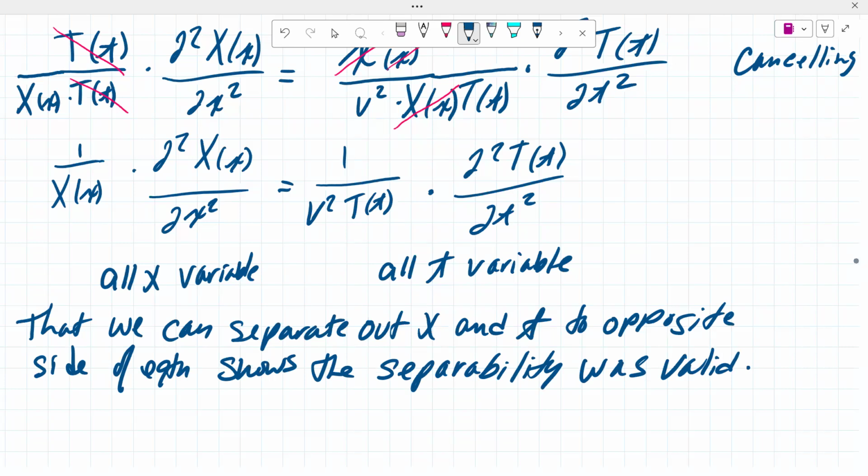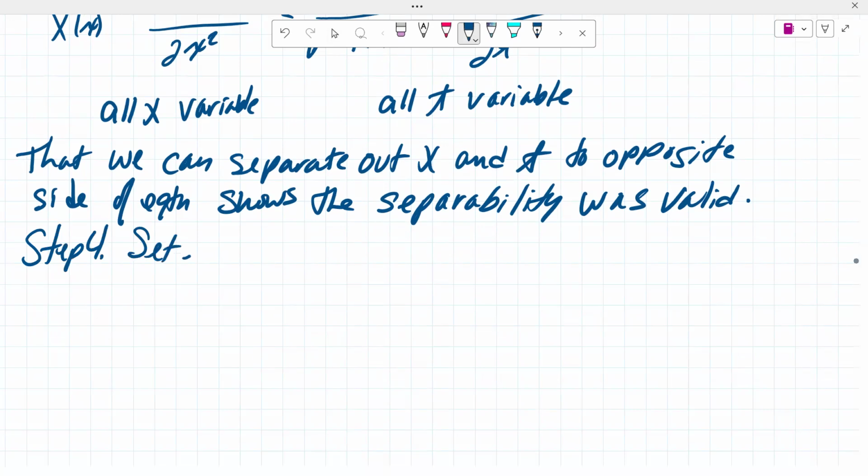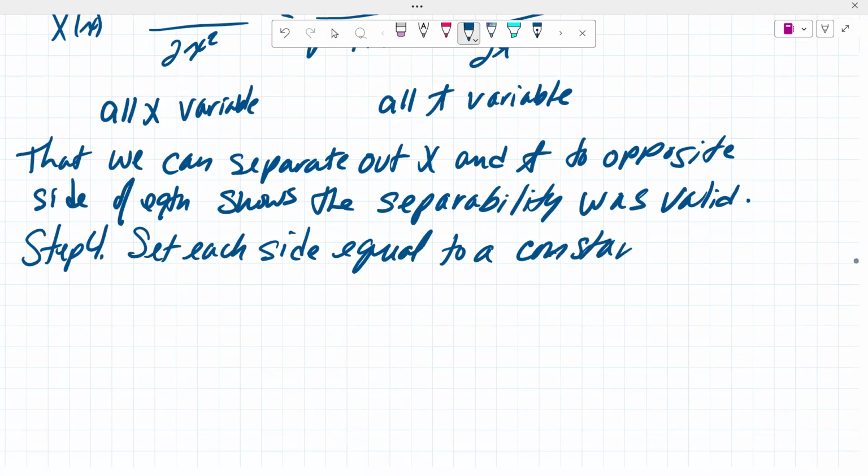All right, next, step 4, set each side equal to a constant k. Why can I do that? Well, if two things are equal to each other, then they should be able to be, for example, solved for a number.